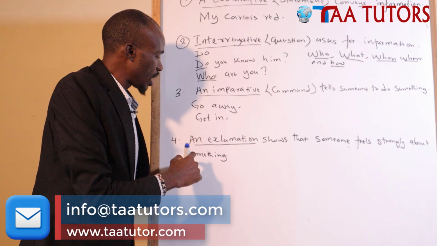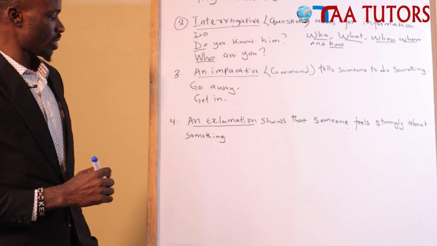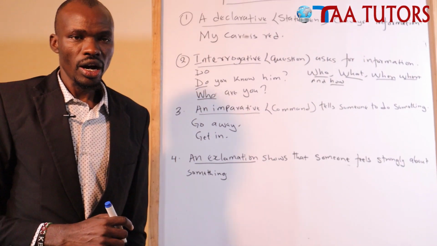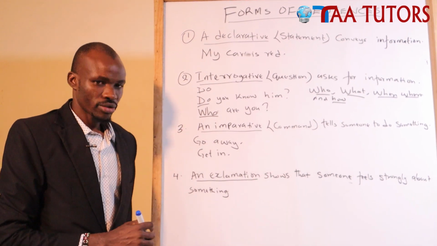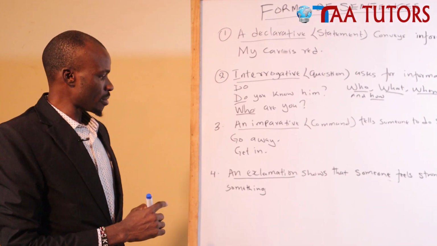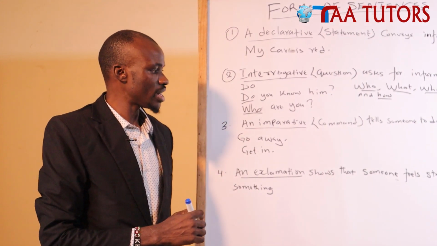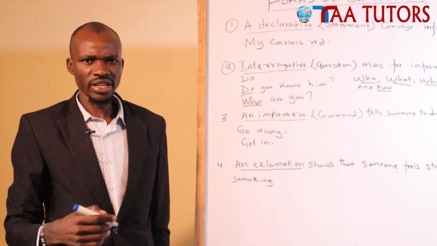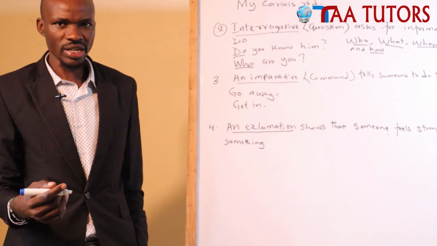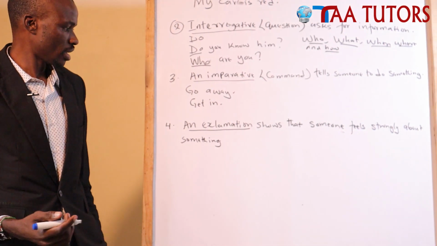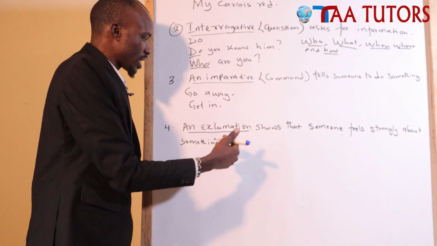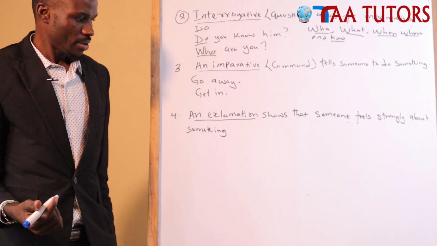Lastly, the last form of the sentence we have is the exclamation sentence. Exclamation sentences show that someone feels strongly about something. That strong feeling that someone has towards something, we can express it using an exclamation sentence.